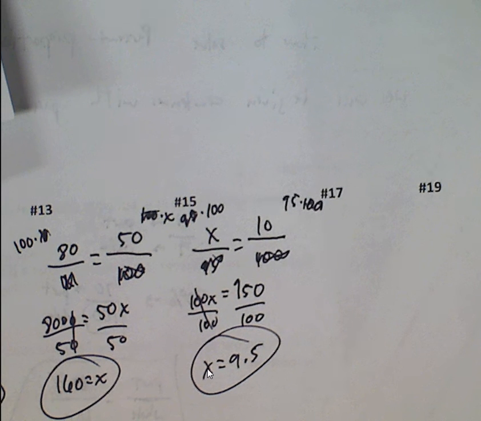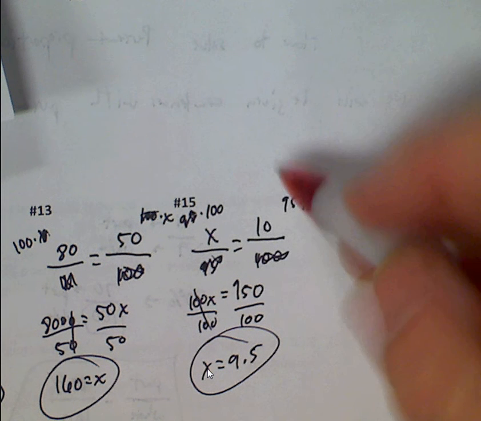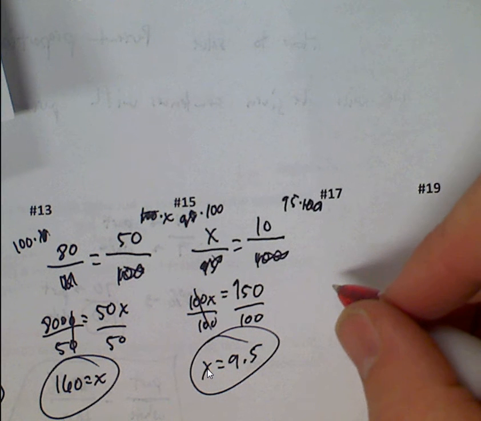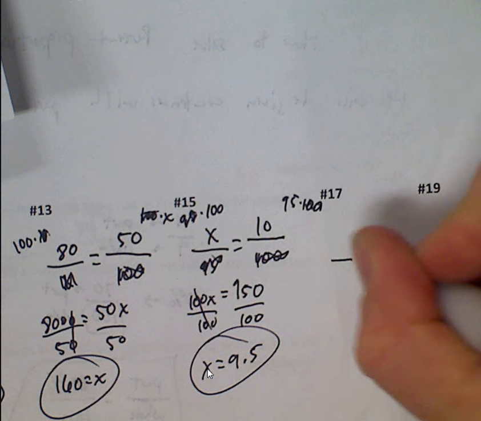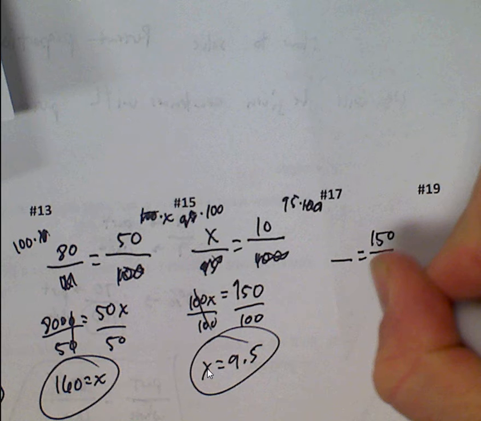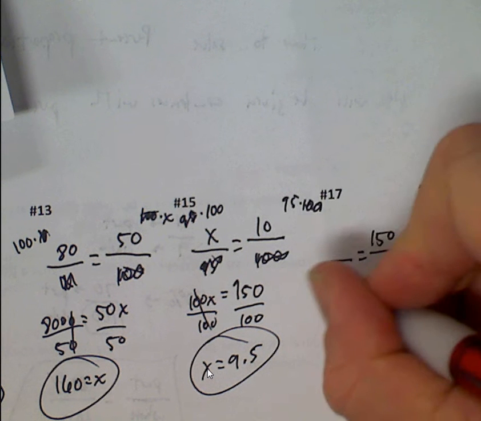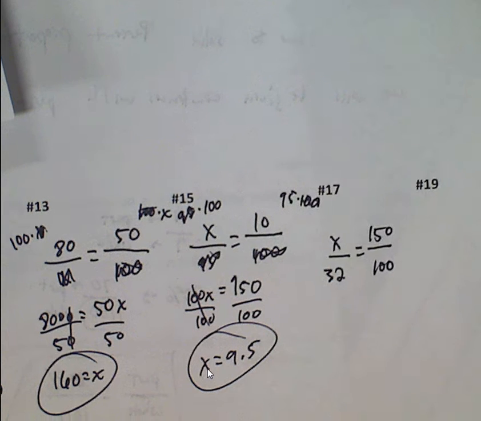Number 17, pause the video and try. On number 17, it says what number is 150%, so 150 over 100, of 32. 32 would have to be my whole, so I don't know my part.